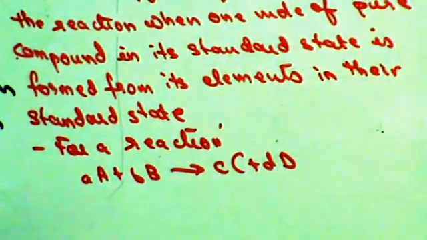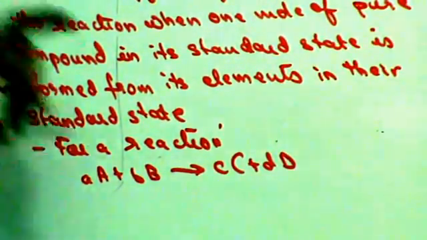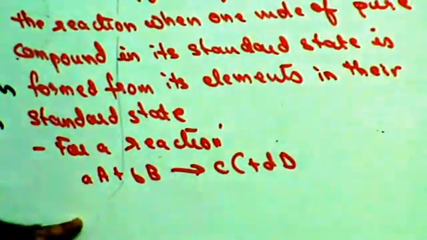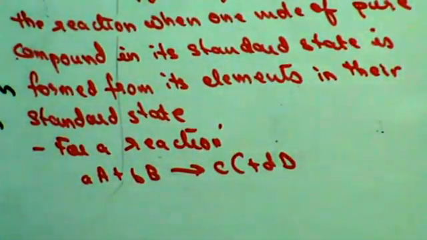Now in that case, what will be my heat of formation here? Heat of formation is a form of heat of reaction. That means it should be the sum of the enthalpy of the products minus the sum of the enthalpy of the reactants. Product is c times C and d times D.